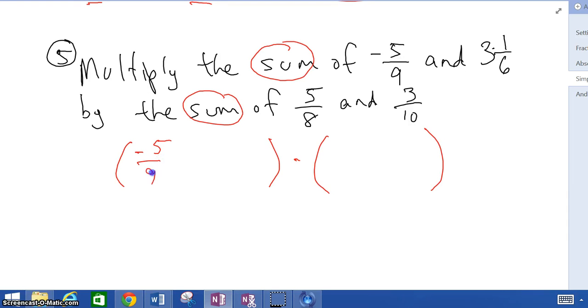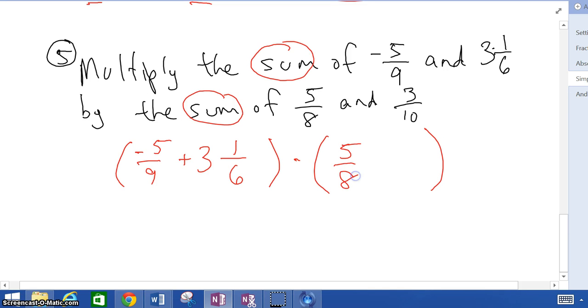Now, do I need the parentheses around this? Absolutely. I need the parentheses because it's multiplying the sum. That means you have to add it together first, and that answer, whatever you get after you add, is what's going to be multiplied.